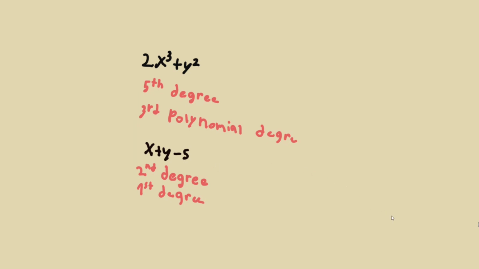All right. So the final concept I want to teach you today is how do we organize polynomial equations? Because there's a specific way to organize these polynomial equations, right? So let's say we have this polynomial equation, 3x to the power of 4 plus y minus 3. How do we organize this? Well, we have to organize it by the highest power.